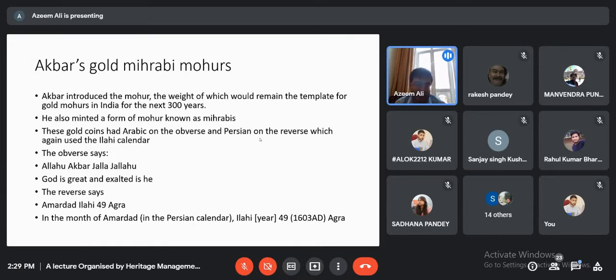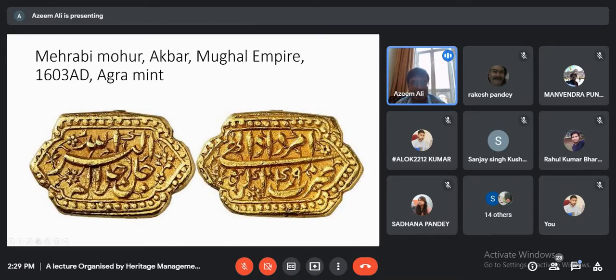And the reverse says Amardad Ilahi 49 Agra, which means in the month of Amardad, again on the Persian calendar, Ilahi, the year 49, which is about 1603 AD, and in Agra, which is obviously in Uttar Pradesh. And here's one of the Mirabi mohurs. So Allahu Akbar Jalla Jallahu, and then Amardad, and then the Ilahi year given here.